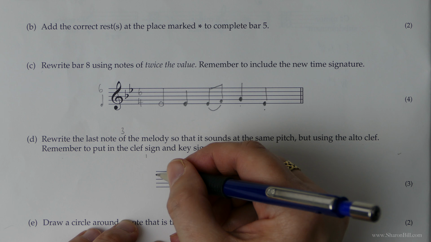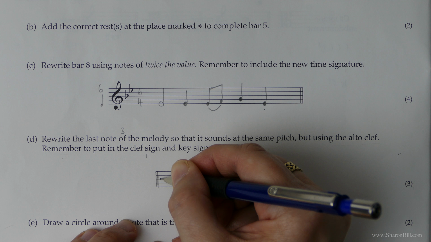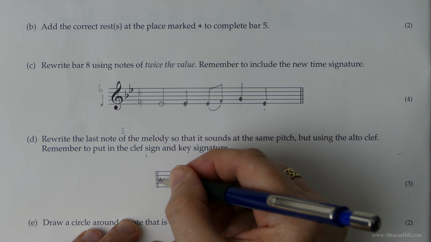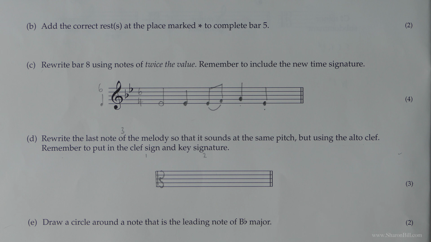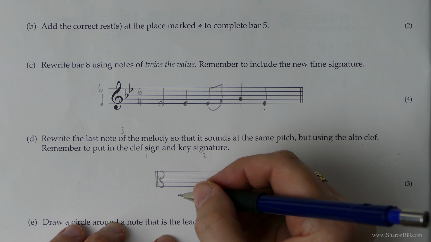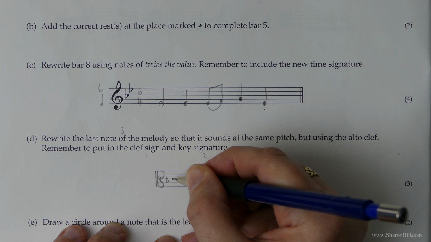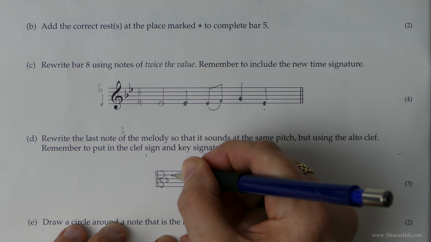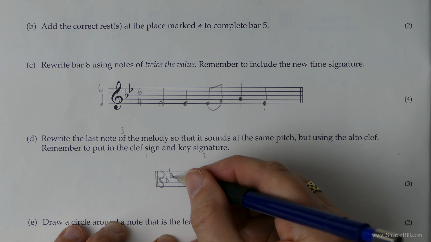So first of all, we need our alto clef, so a bit of a double bar line, and then that's where the alto clef is positioned on the middle line. You've just got your little hooks to put on. So now the key signature is 2 flats, so it's B flat, which goes below the middle line, and E flat is the second line down.